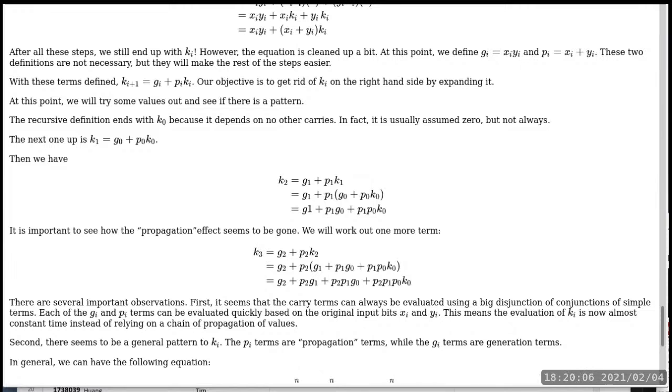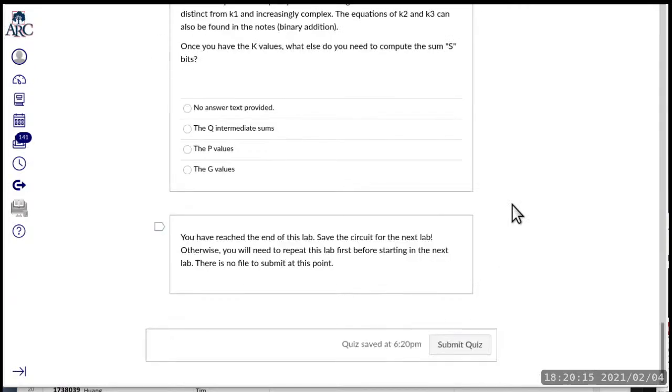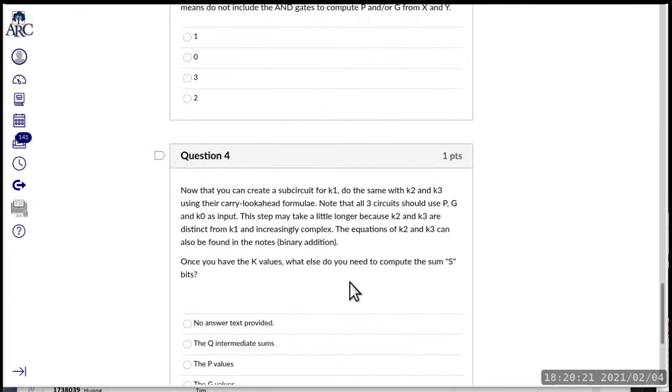All right. So now we go back to the quiz and see if I've done everything that needs to be done by the end of Tuesday's lab. So once you have the K values, which we do now, you have to do the wiring also.